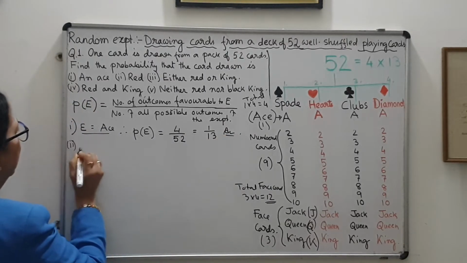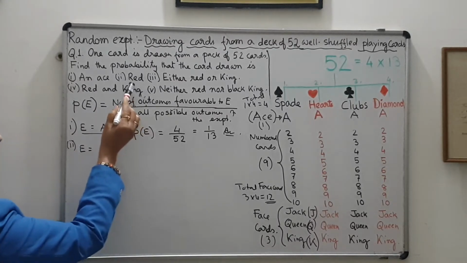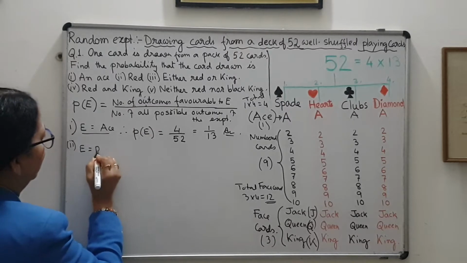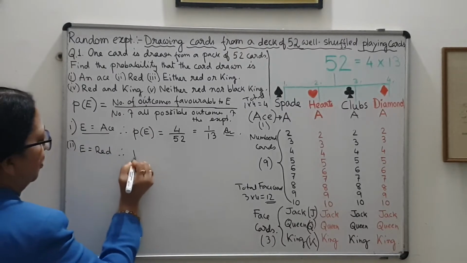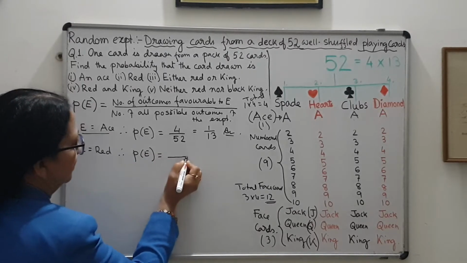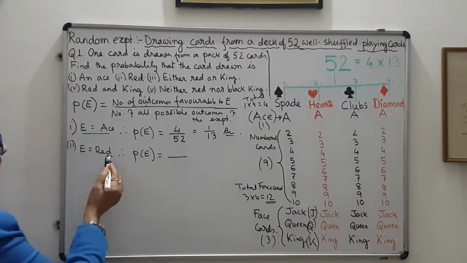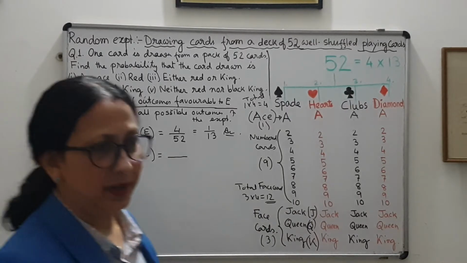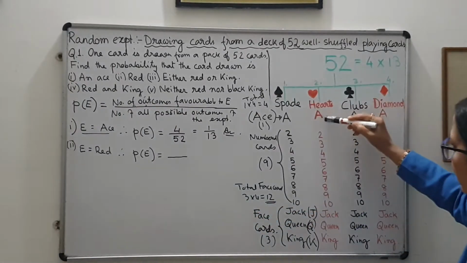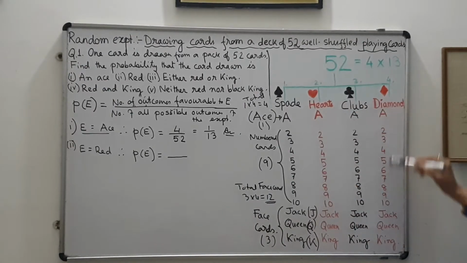Now for the second part, what is the event? The event is that the card drawn is red. The card has to be red. So what is the number of favorable outcomes? There are 13 red cards in hearts and 13 red cards in diamonds.